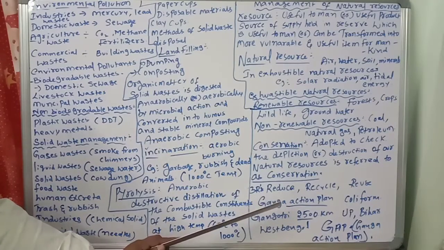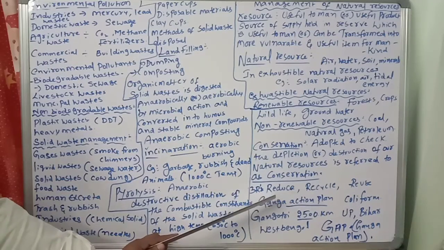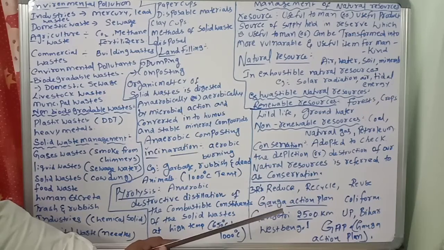Newspapers and magazines can be used to make envelopes. So you can reuse waste newspapers and make envelopes. Like that, reduce, recycle, reuse. In this sense, we can control the waste of our natural resources.